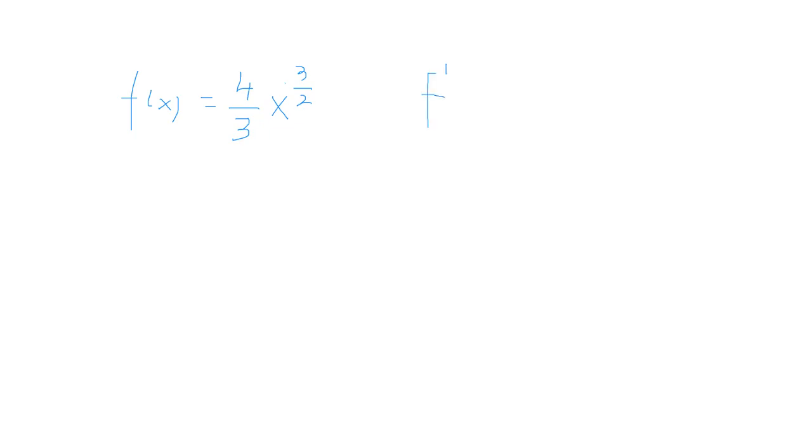So that means f prime equals, well, 4 over 3 times 3 over 2, that's 2. Then minus 1 from the exponent of x, 3/2, you get x raised by half, right? Did I do this right? Yes, right?